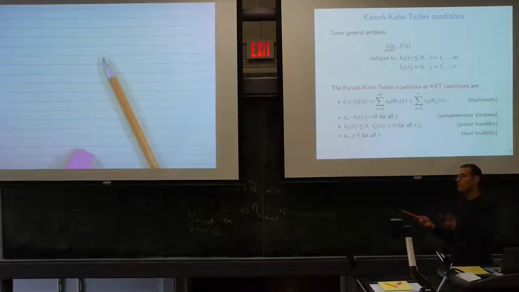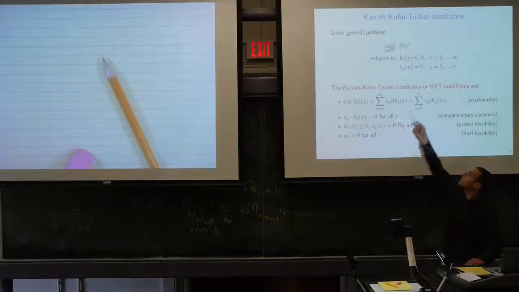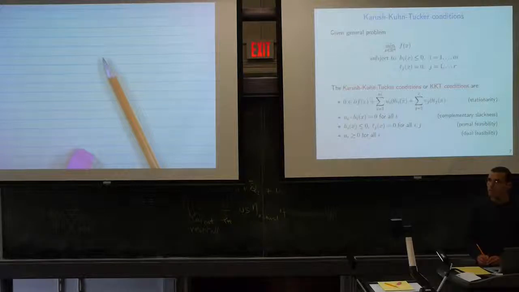It means that for each constraint, either u_i is equal to 0 or h_i of x is equal to 0; at least one has to be tight, at the boundary. And the last two are just that the points x and u, v are feasible for their problems. So that x satisfies all these constraints, and that u is bigger than or equal to 0 in each component.